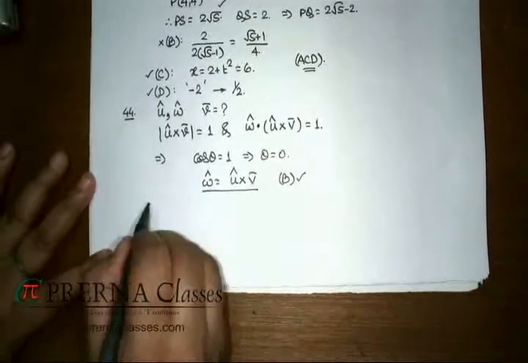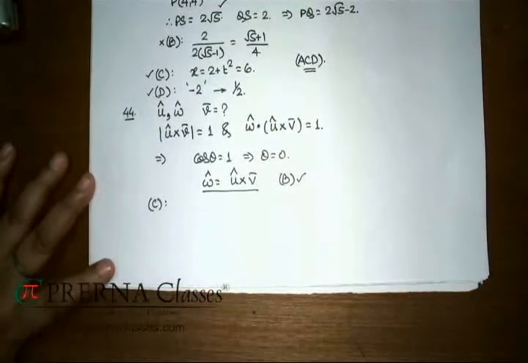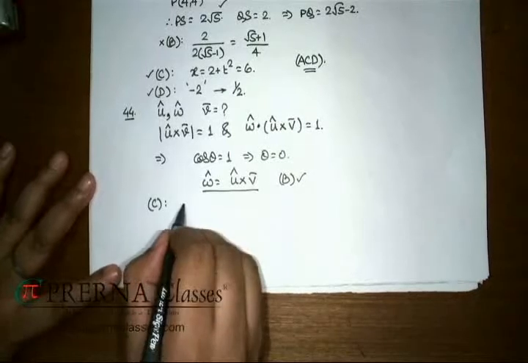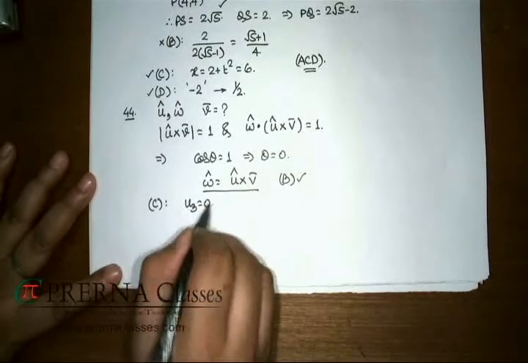Now for C, it is given to you that U vector lies in the XY plane. If U vector lies in the XY plane, clearly its Z component should be 0.